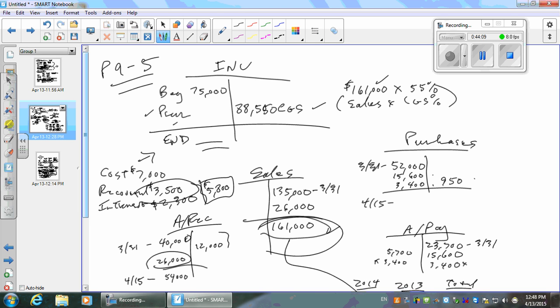What would that be? $950 was returned, right? Okay, 52,000. We bought 15,600 more, and then there was 3,400 that we bought, paid for, both, right? How much is all that? Got the slow moving today.